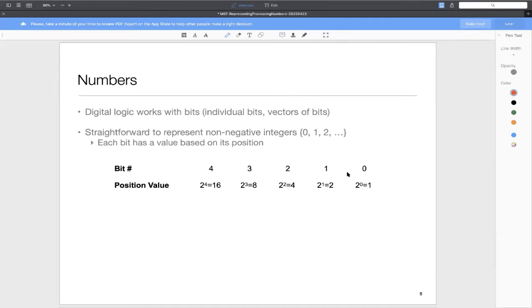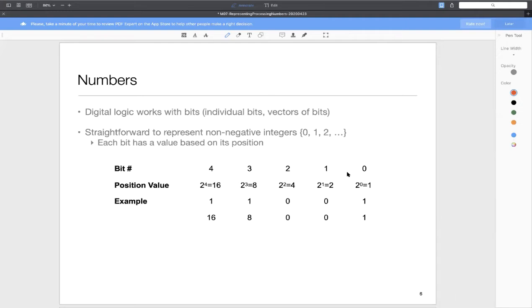Basically, this is how numbers have been represented historically. And since we have only two possible symbols, 0 and 1, base 2 is a natural thing. So for example, if we have the number 11001, then we add up the base contributions, right? Wherever we have a 1, we get the corresponding base value.